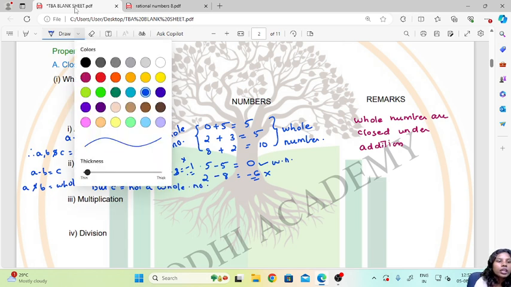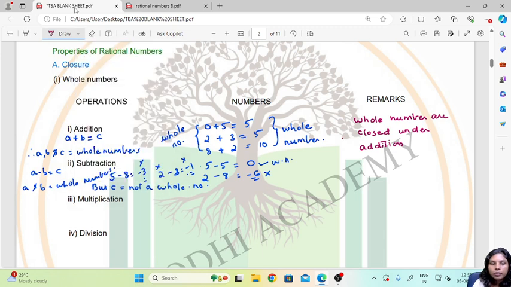Therefore we can say that whole numbers are not closed under subtraction, or that the closure property is not obeyed when we are doing subtraction.